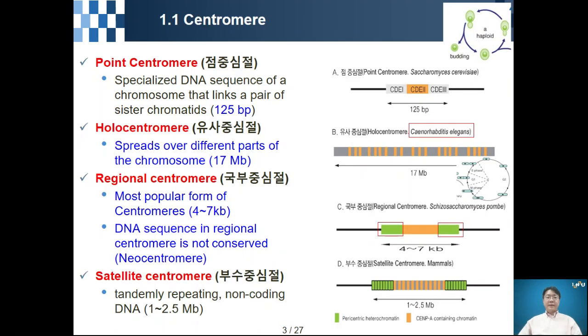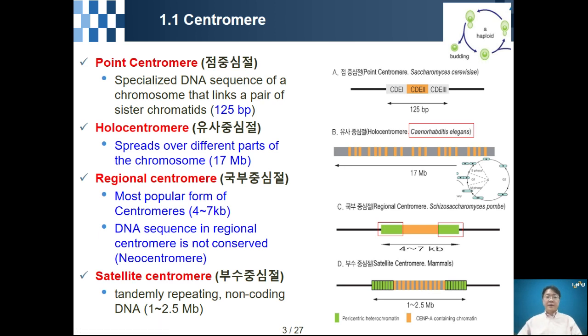In this slide we will learn about several kinds of centromere, starting from the point centromere, holocentromere, regional centromere, and statewide centromere. Let's start from the point centromere. In Korean we call it 점 중심절. 점 means that the size is very small.